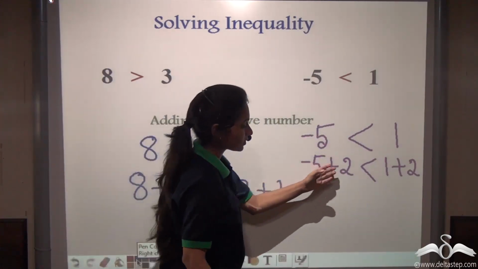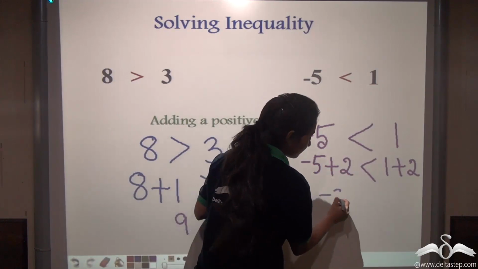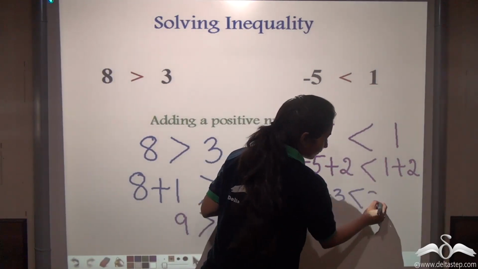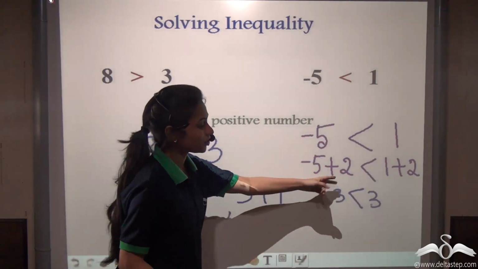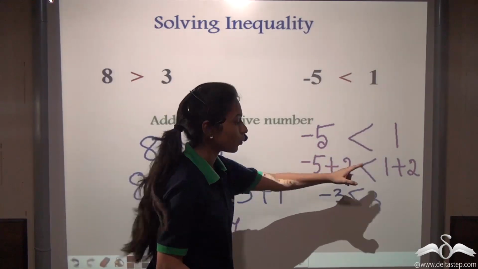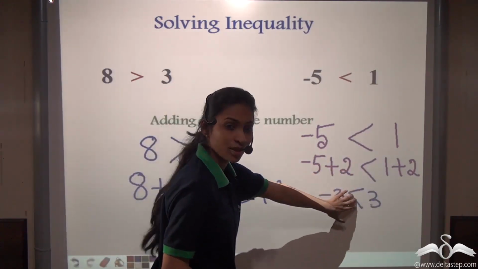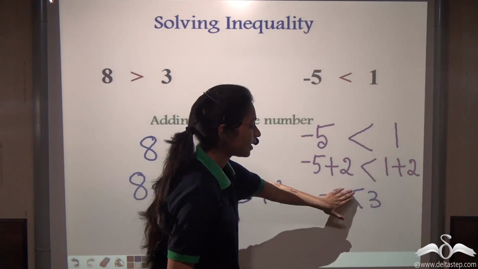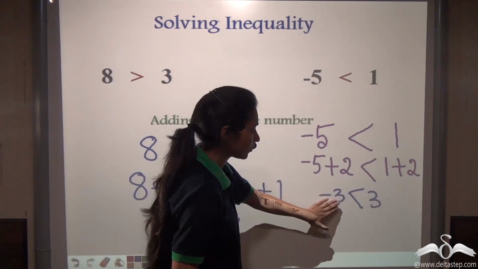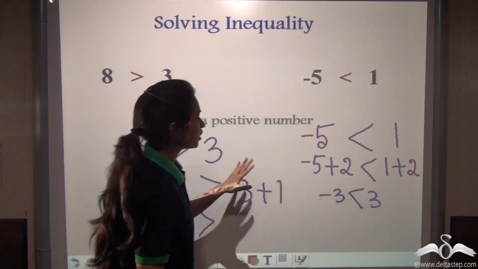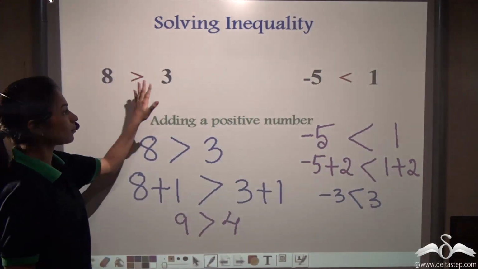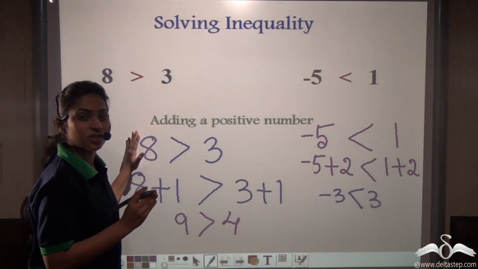What do you get? Minus 5 plus 2 is minus 3, which is less than 3. So again, the numbers have changed as I have added plus 2 both the sides, but the inequation remains the same. It is still lesser than 3. So minus 3 is less than 3. So this shows that if you add a positive number both sides, it will not change the inequation.